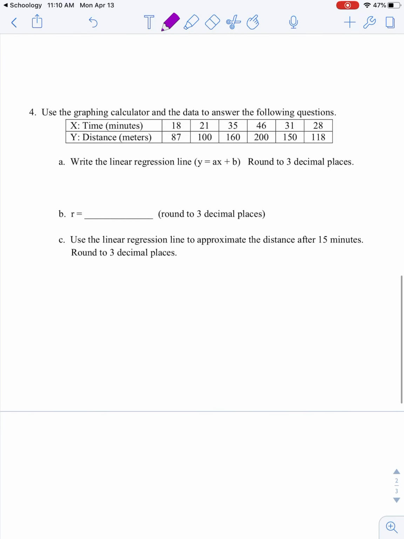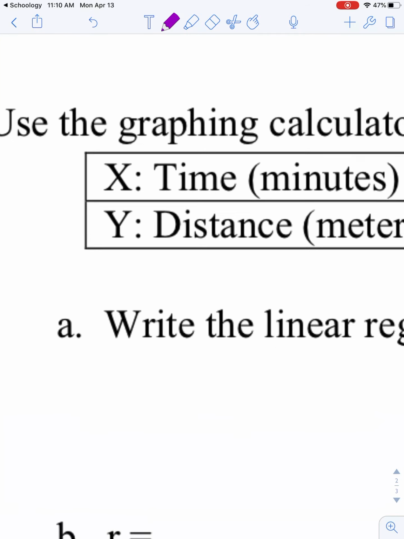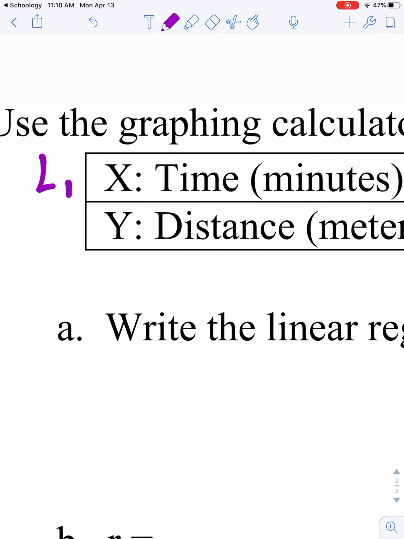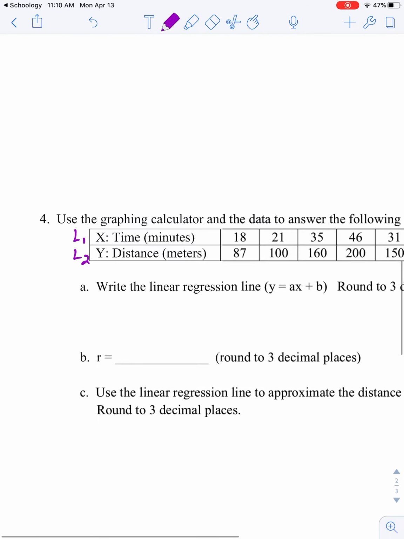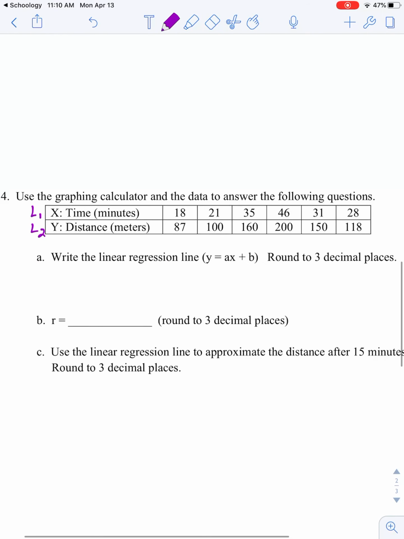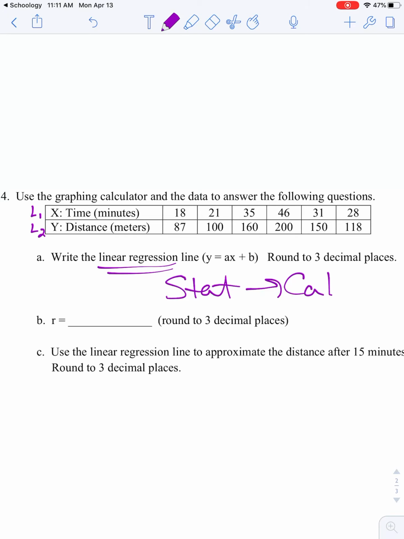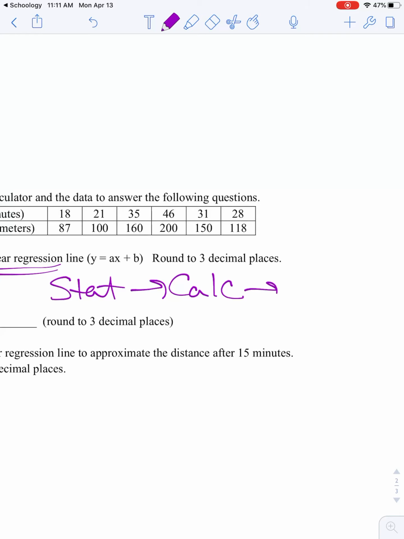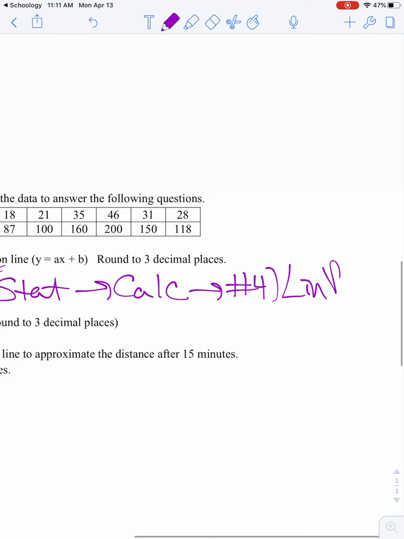Linear regression here. So remember, this you're going to put into your L1, and this you're going to put into your L2. So put all those values, make sure that they line up. And then to get that linear regression, after you've got your data points in there in L1 and L2, you're going to go to stat. Again, you're going to go over to calc for calculate, and then you're going to go down to number 4, which says linear regression.